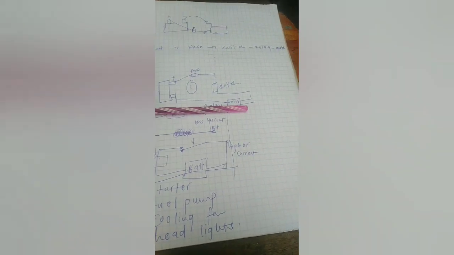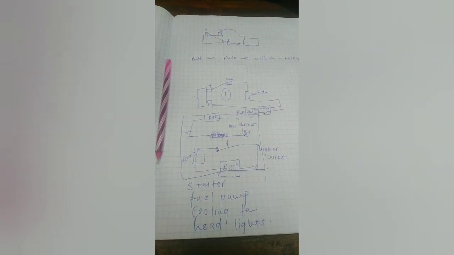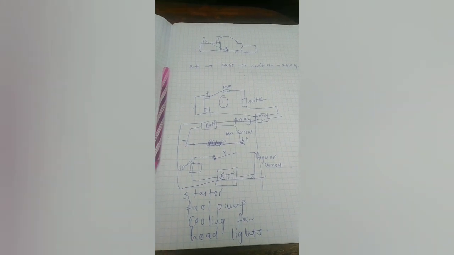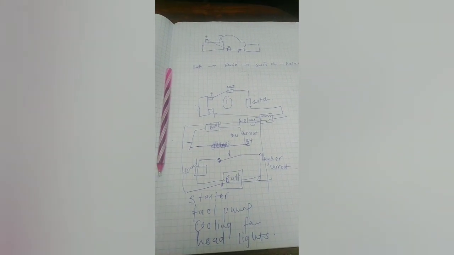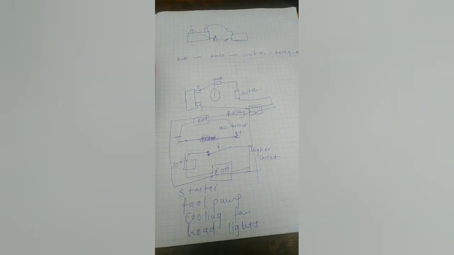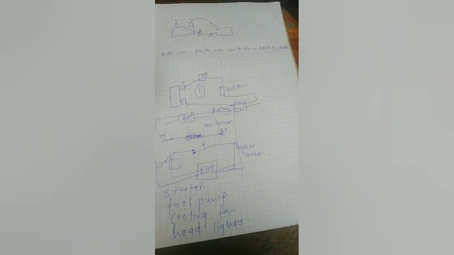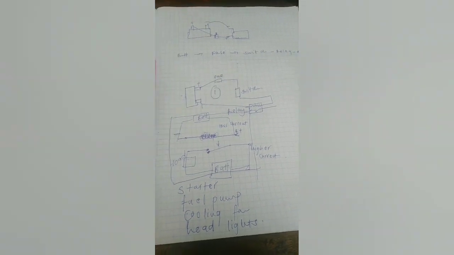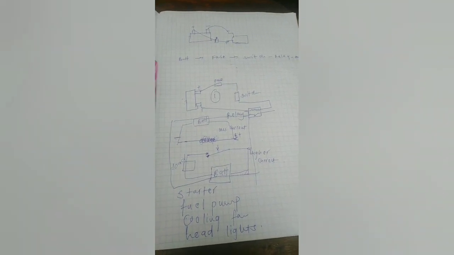Maybe when you, for our case starting, we require from 100 amperes to 500 amperes depending on the weather condition. So if it's cold enough, we require much greater current to get your engine cranking.